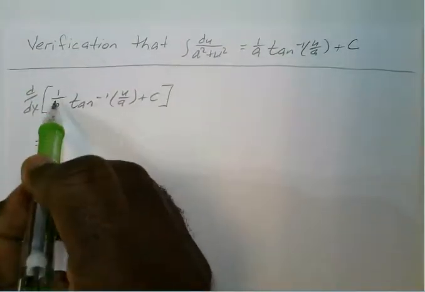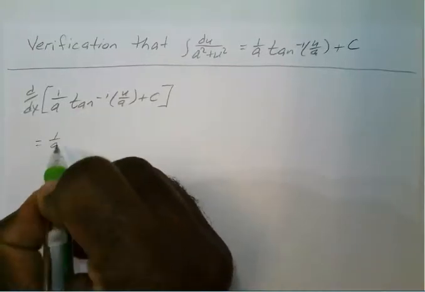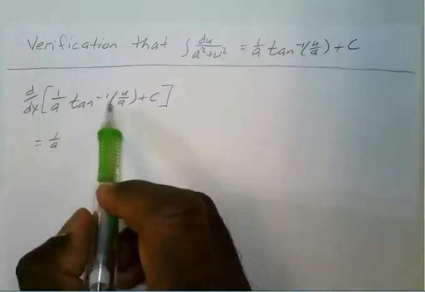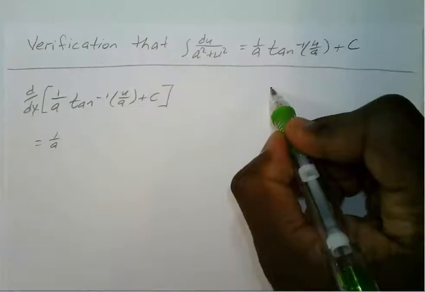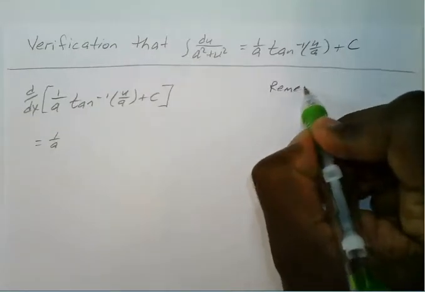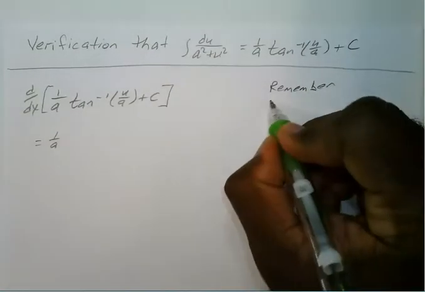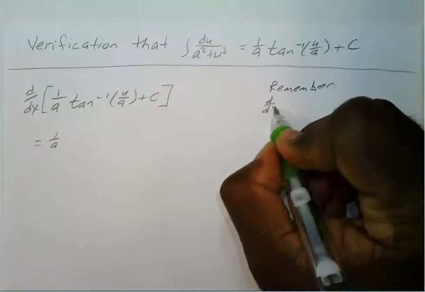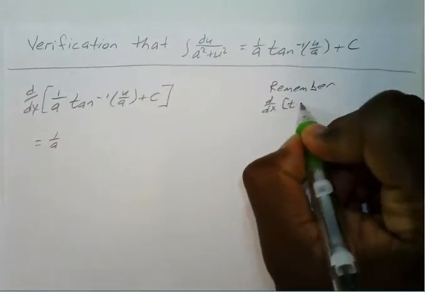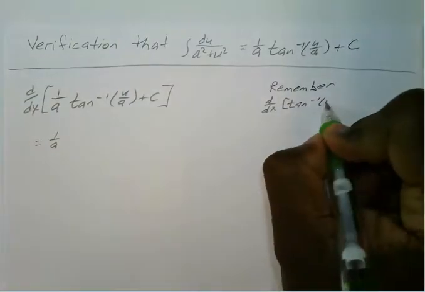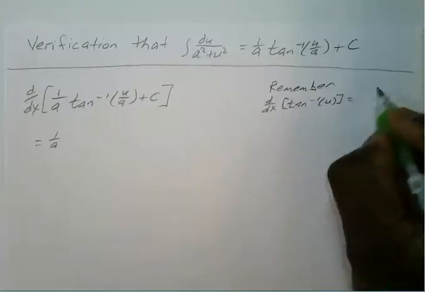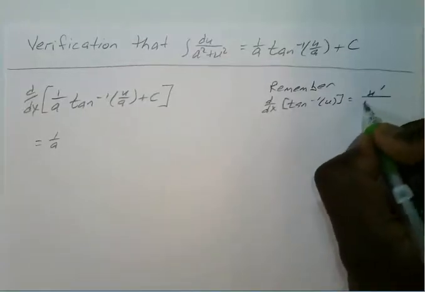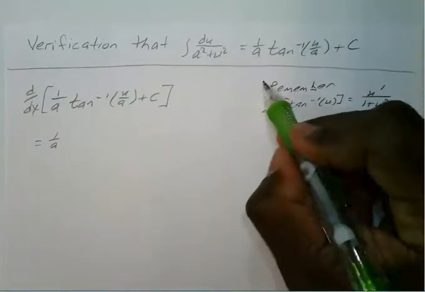Okay, so if we get our 1 over a and factor it out, our tangent inverse, of course, you want to remember that the derivative of tangent inverse of u is equal to u prime over 1 plus u squared.